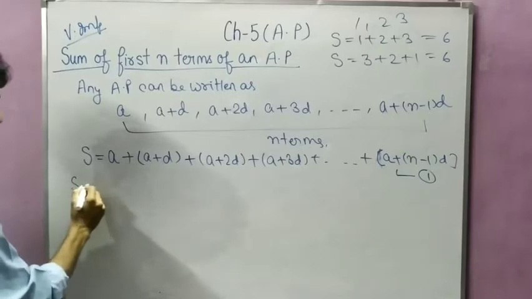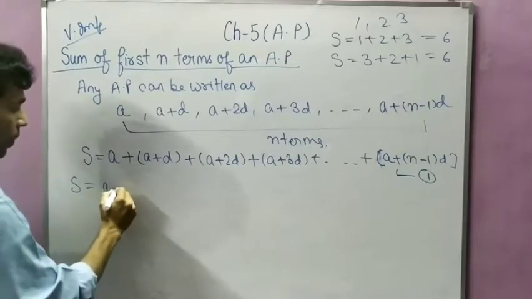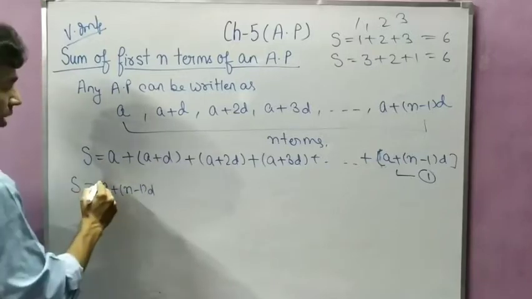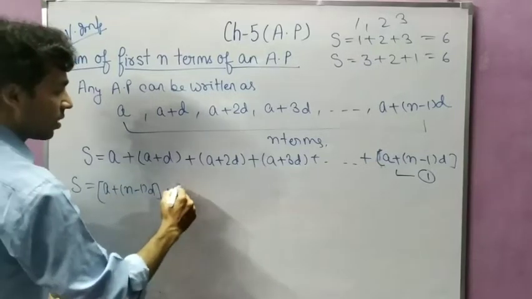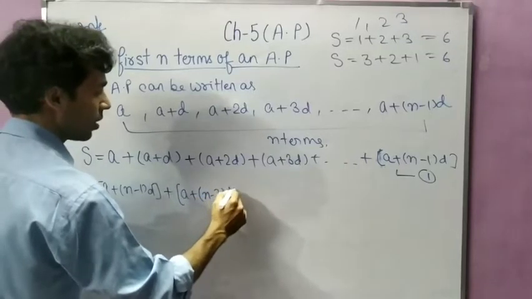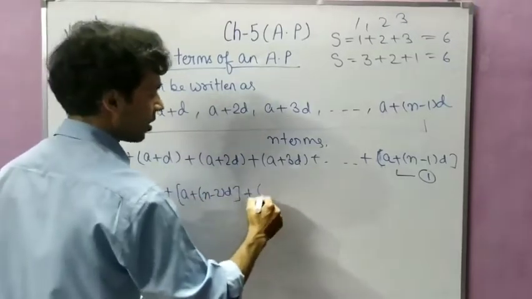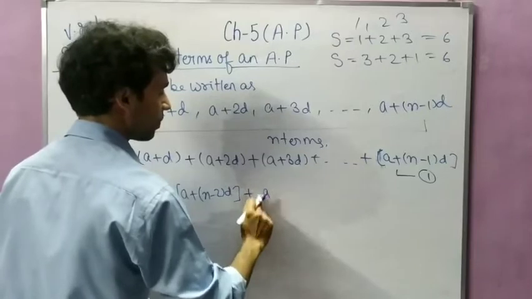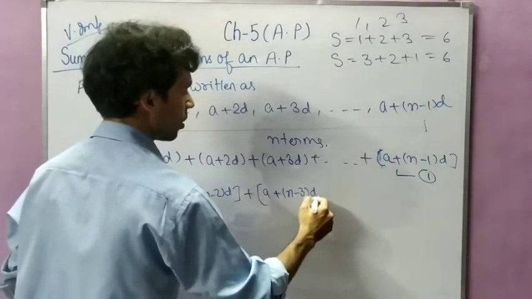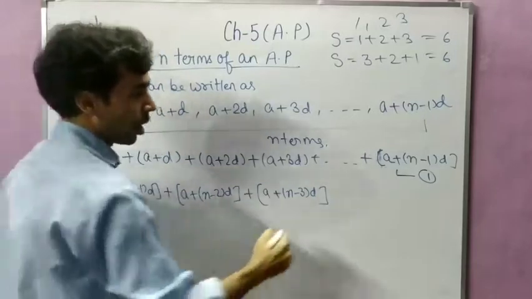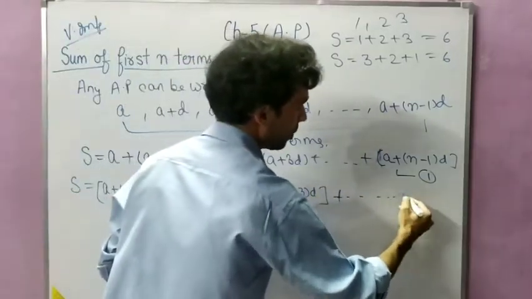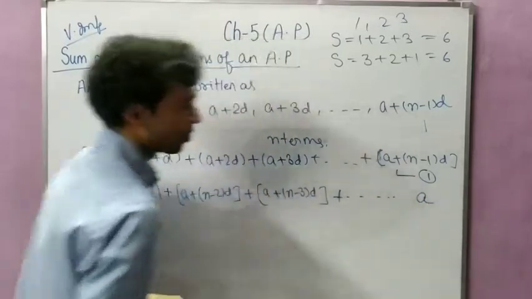S equal to a plus n minus 1 d, after that a plus n minus 2 d, after that a plus n minus 3 d, dot dot dot, and after that the first term a will come.